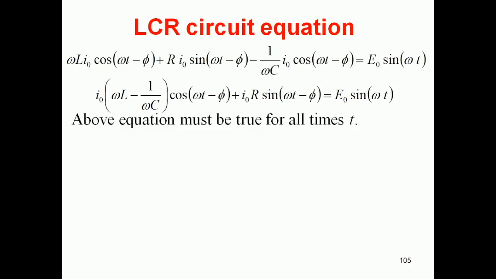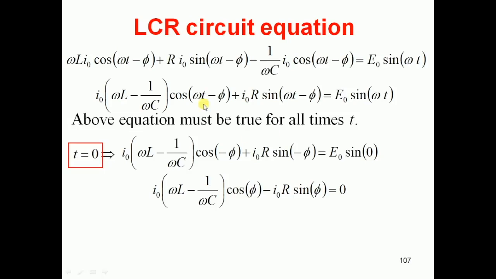Now this equation, the last equation that we have on the screen, it must be true for all times, and I shall tackle two values of time so that I can unfold I0 and phi. Now let us tackle t equal to 0, and at that our equation becomes, if we substitute t equal to 0, omega t will be 0, and we are left with cos of minus phi here and sine of minus phi here.